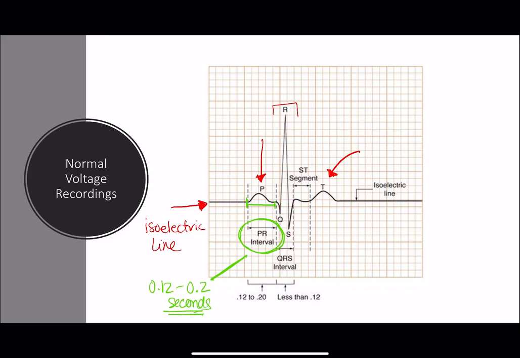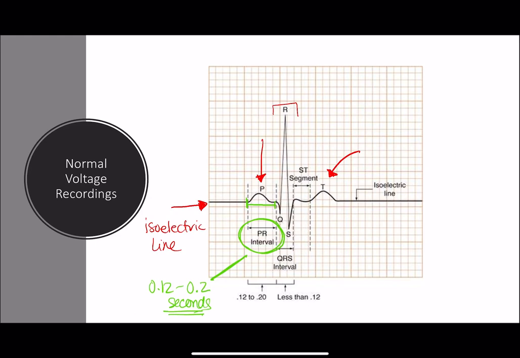Because the beginning of the Q is when it finally gets through to the ventricle. So the PR interval is telling you about the health of the transmission of the electrical signal through the atria and through the AV node. So if the PR interval is really short, less than 0.12 seconds, that would suggest that there is some other path that's letting the electrical signal through to the ventricle. You can think of it like a second highway into the ventricle.